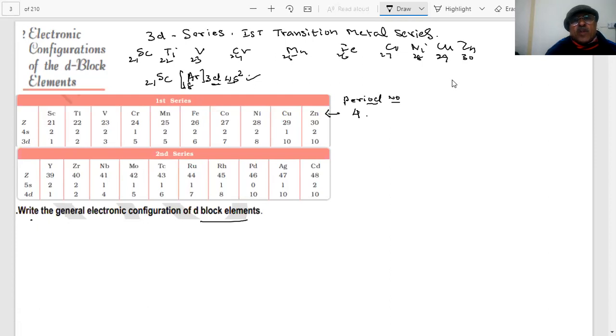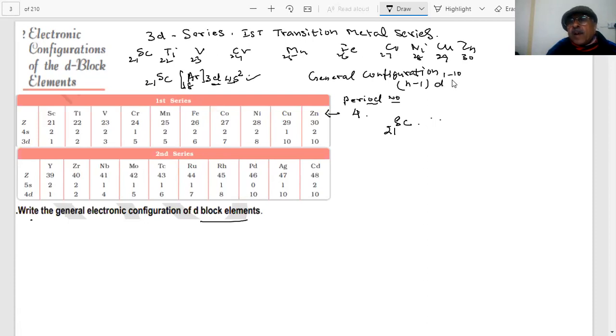So what is the catch here? If I say scandium, 21 is the atomic number and the fourth period is there. The general outer electronic configuration: (n-1)d, how many can be there in d? 1 to 10.